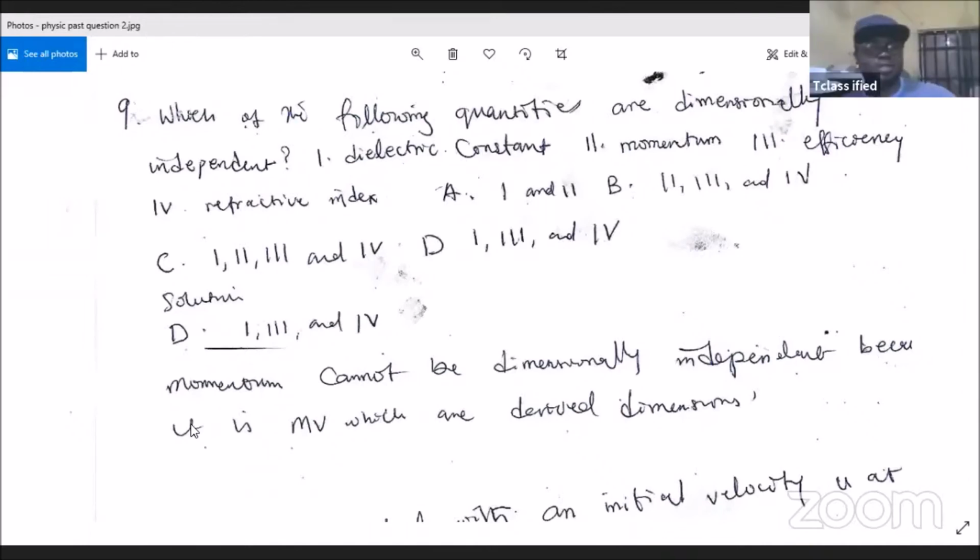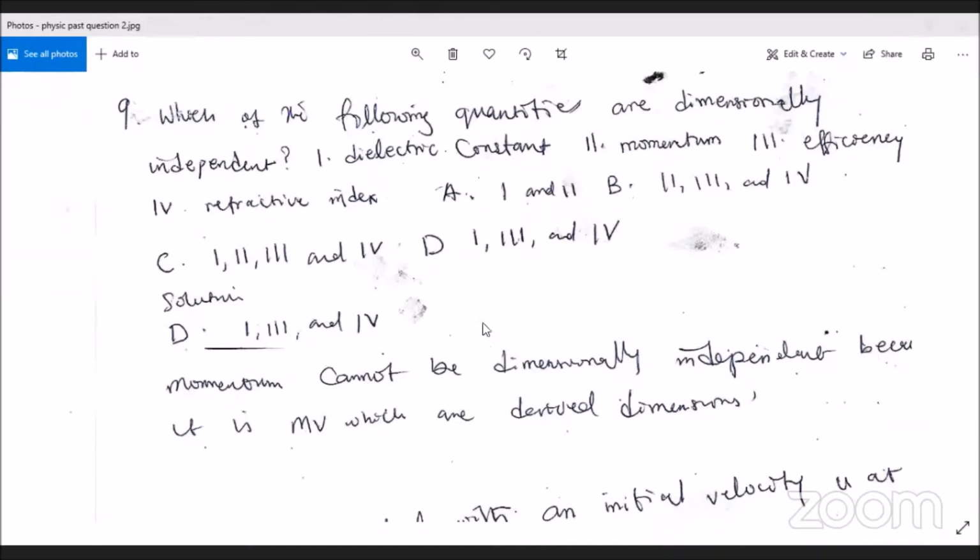Chika, what's the dimensional representation of velocity? L over T, distance over time. L for length, all over T for time. Good. So momentum, MV, is not dimensionally independent.